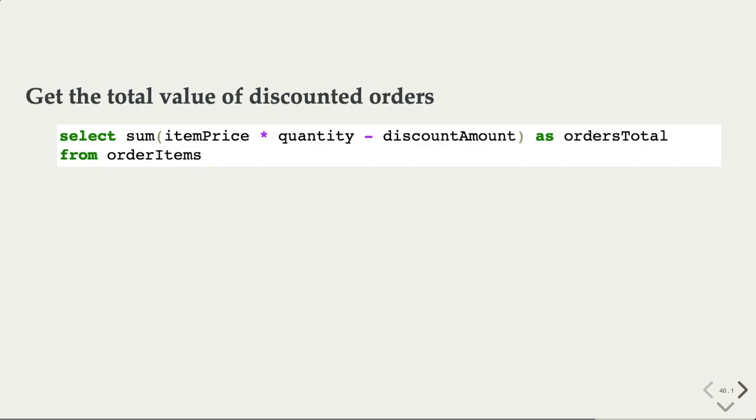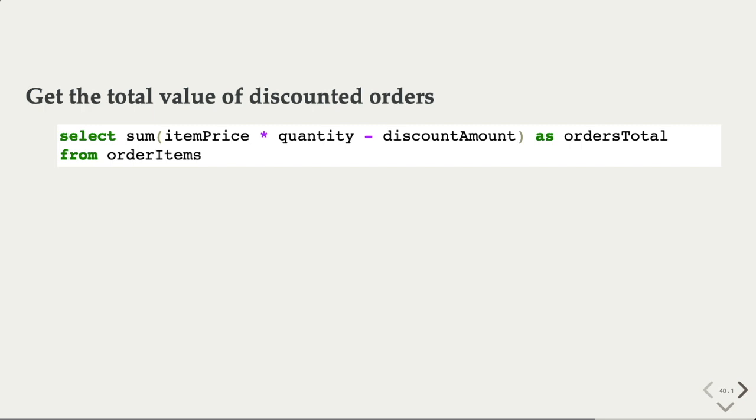For example, when you are doing a promotion, you try to give your customers a discount. So the actual revenue that you have is the price times the quantity minus the discount. That's your actual order value.